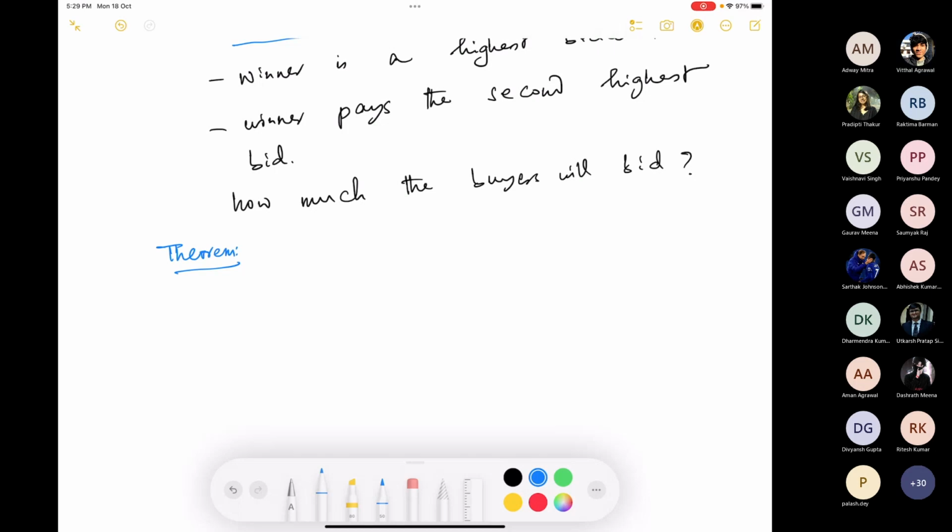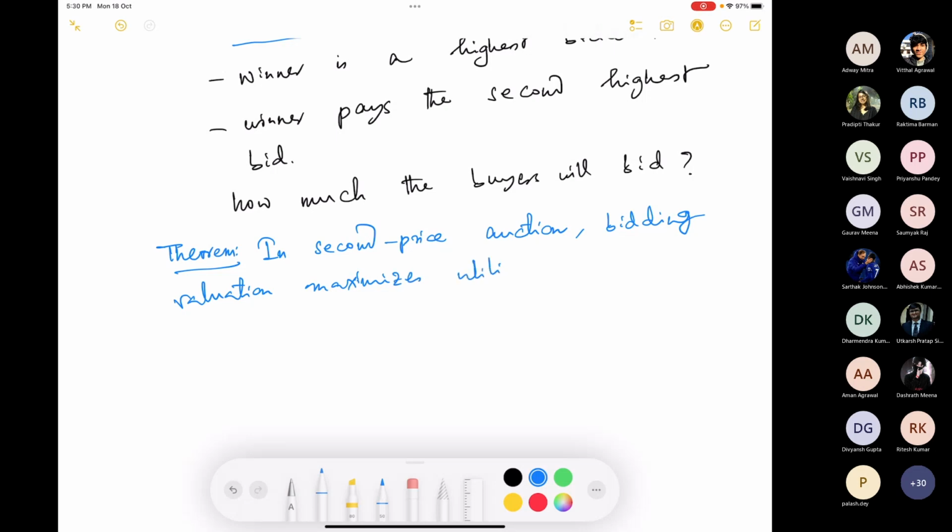And here is the theorem. In second price auction, bidding valuations maximizes utility of the players.